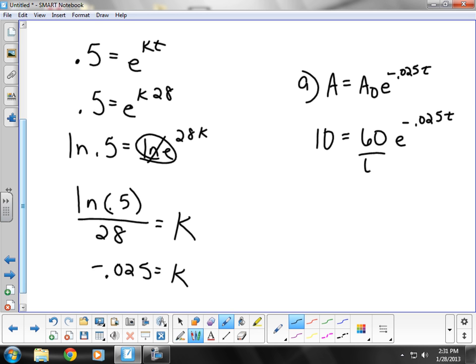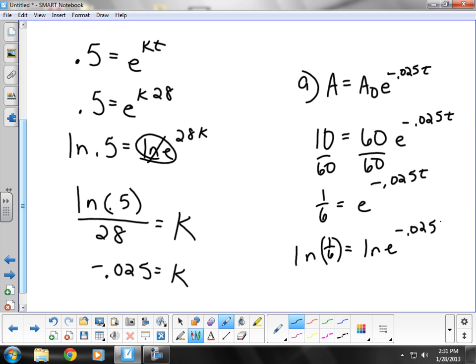So what do we do? We divide by 60. So I get 1/6 is equal to e to the negative 0.025 t. Then I take the ln of 1/6, and that's equal to the ln of e to the negative 0.025 t. The ln and e cancel out.